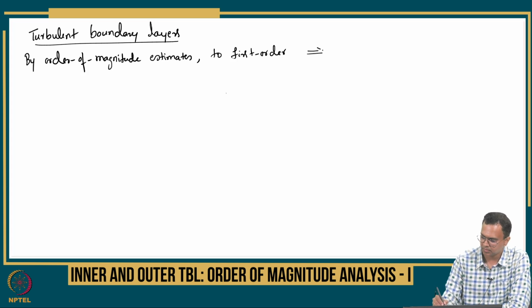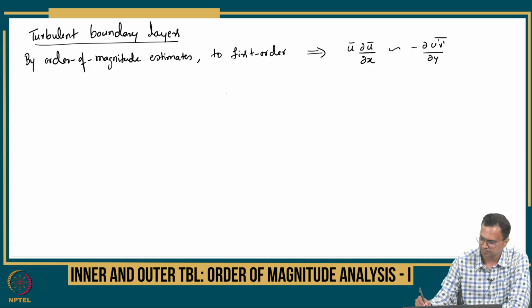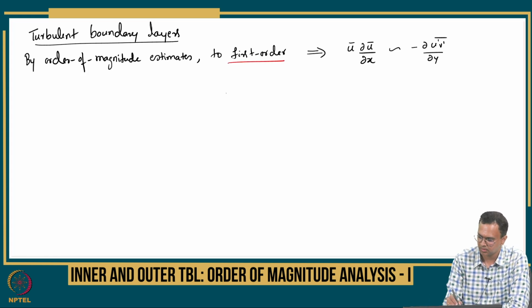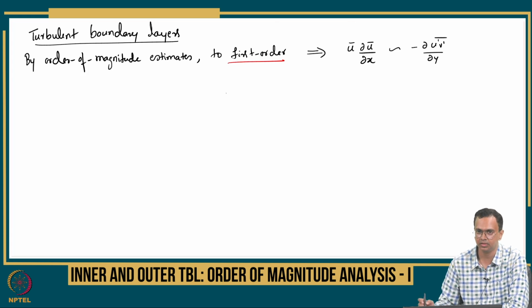So to first order we learned that the largest left hand side term is of the same order of magnitude as the largest turbulent term. This is what we achieved after doing the scale analysis by introducing the scales that we have chosen.